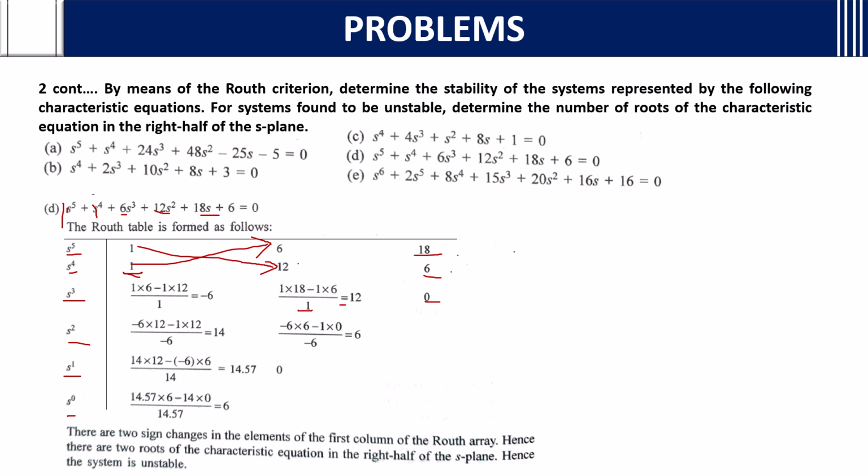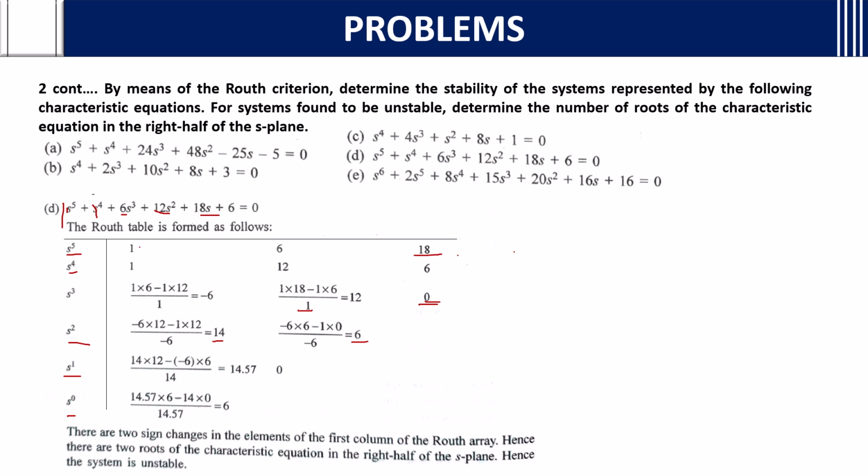Then from the third row you should do 1 into 12 minus 6 into 12 by minus 6. So what you will get? 14. Then 6 minus 6 into 6, 1 into 0, you will get minus 6 by minus 6. You will get 6. Now we are done with 3 rows.